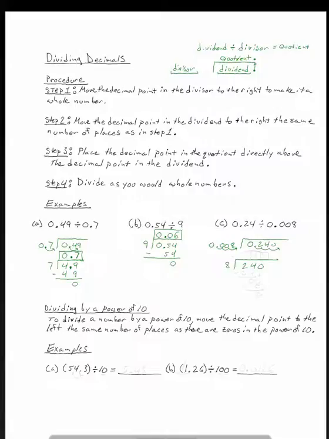8 does not go into 2, but 8 will go into 24 3 times. 3 times 8 is 24. Subtract 24 minus 24 is 0. But don't forget that you still have this 0 at the end. Now you can bring it up or you can bring it down.